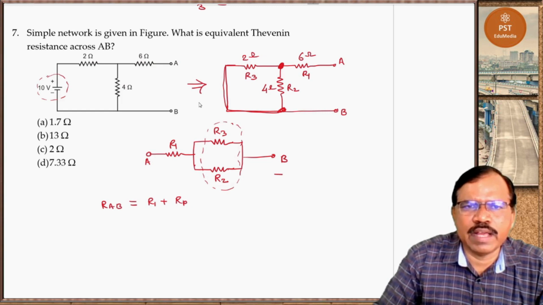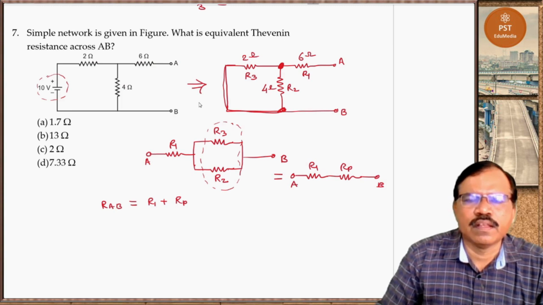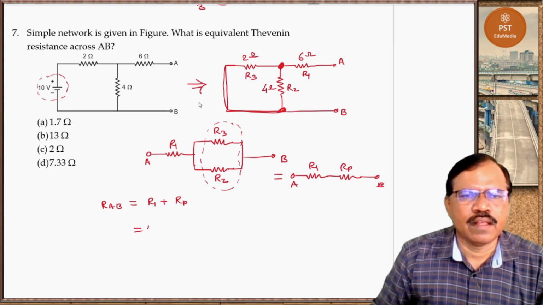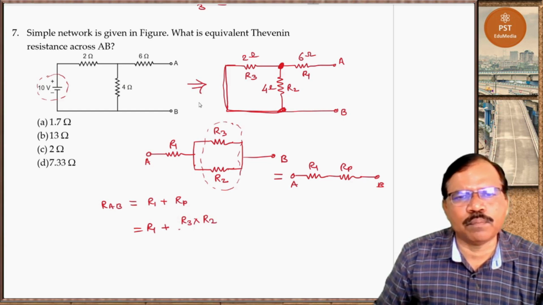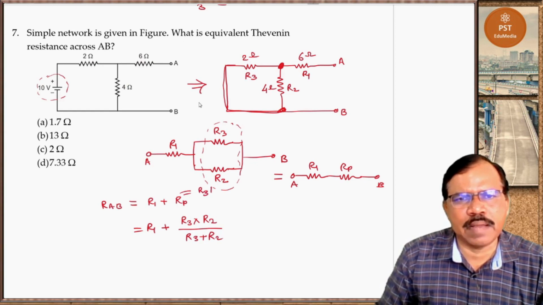Here the equivalent of this is A, R1, RP and here B. Now what is RP? We have two resistances in parallel. So we have R3 into R2 upon R3 plus R2. This RP is nothing but R3 parallel R2.